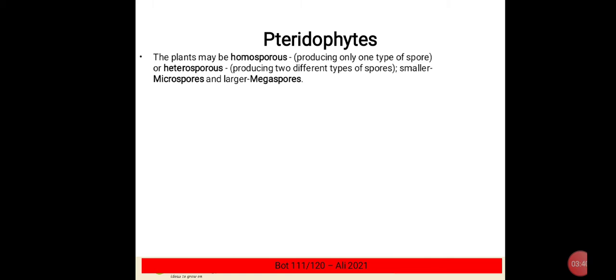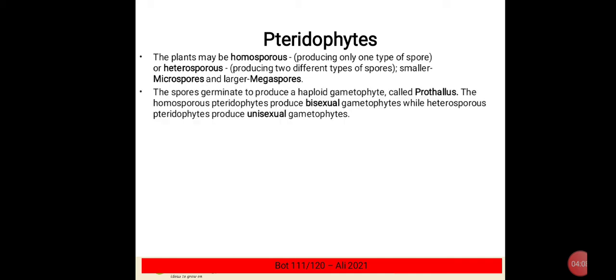Now, pteridophytes can be homosporous. Homo meaning one, sporous coming from spores. Homosporous means that they produce only one type of spore. They can also be heterosporous, producing two different types of spores. Now, spores differ in size, and the small spores are called microspores, while the largest spores, we call them megaspores.